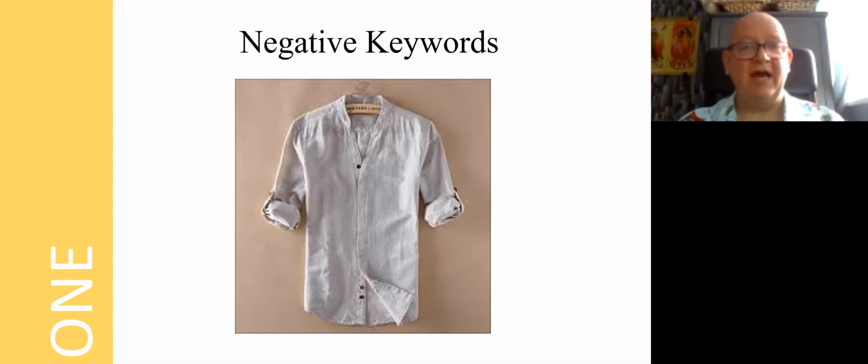So if we had linen shirt as a broad match and linen shirt as an exact negative match, it would not show for the search linen shirt, but it would show for blue linen shirt or XL linen shirt, short sleeve linen shirt. So you go for that longer tail of keyword.